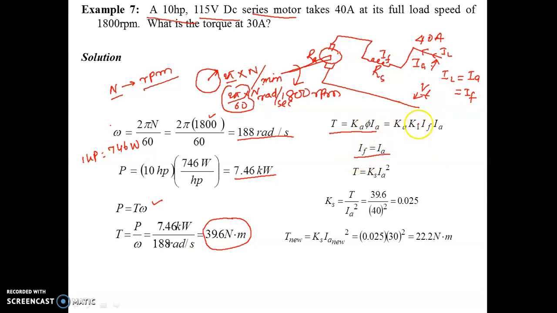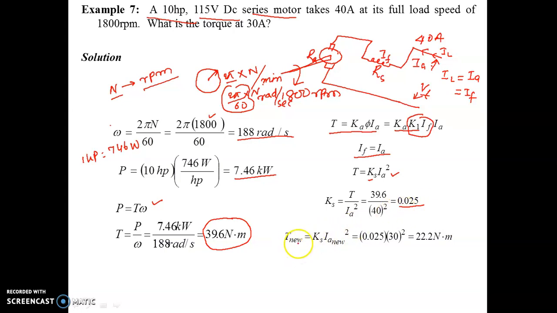So the flux is proportional to K1 into If, and Ka and K1 are replaced by Ks. Putting Ia here, torque is proportional to Ia square. So Ks equals torque divided by Ia square. The torque already calculated is 39.6, divided by Ia square, so this Ks value is 0.025.